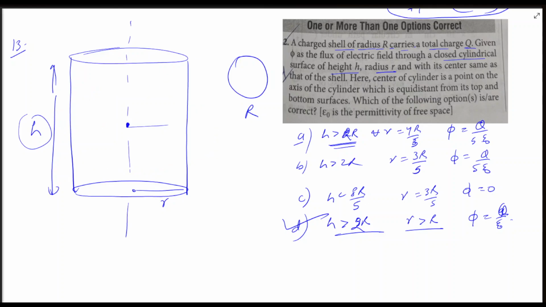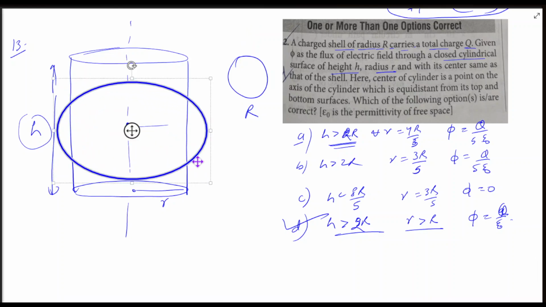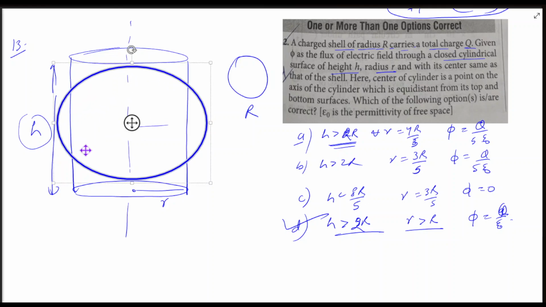Let me make a perfect sphere for you. This is not actually a sphere, it's more like a circle. But remember, we have this surface here, and it will be from all sides, from the whole 360 degrees. This is the curved surface of the cylinder.